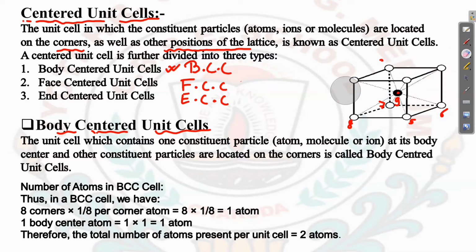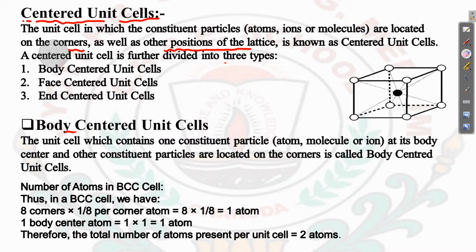Now let's calculate how much contribution of atoms has been made here. To calculate, we will use the same simple way we used for the primitive cell.